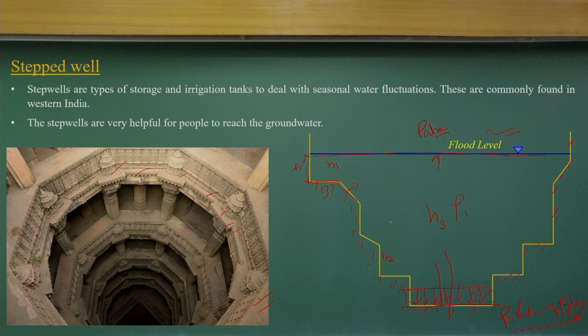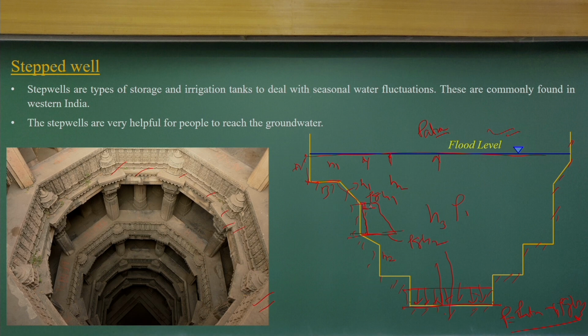When you have a vertical surface, let me consider this case. If this is H1 and this is H2, the pressure distribution will be trapezoidal, because at this point the pressure will be rho g H1, and at this point the pressure will be rho g H2.